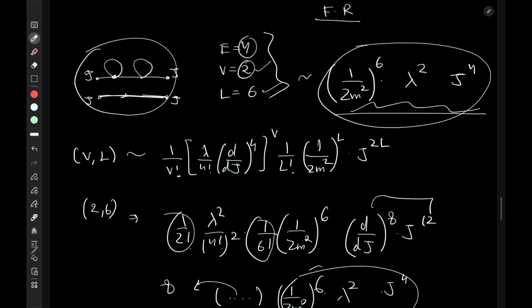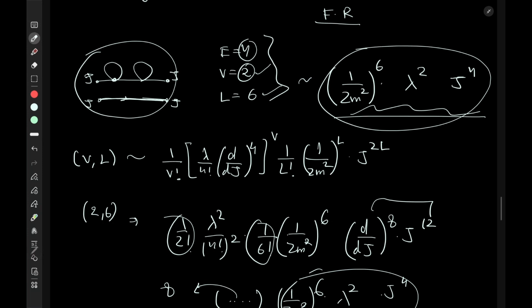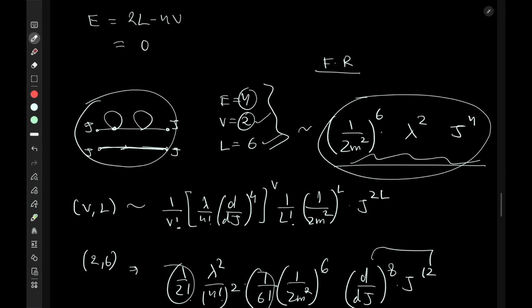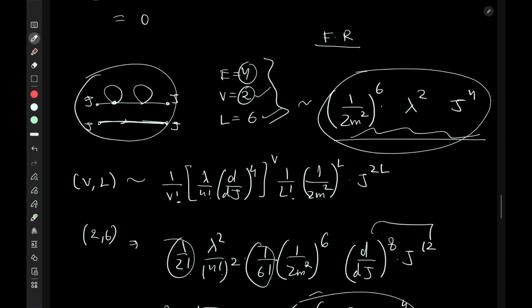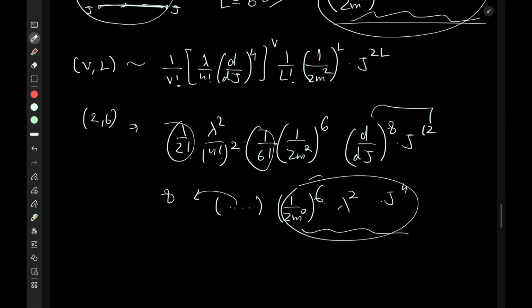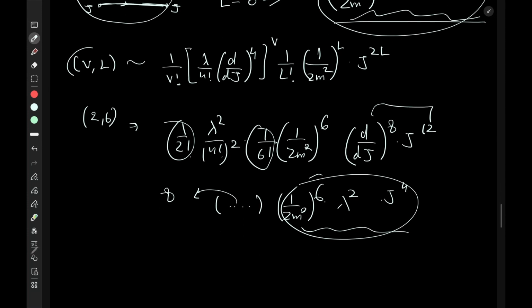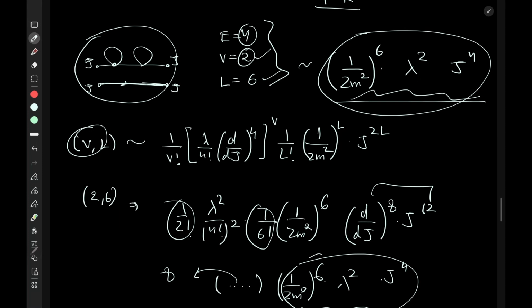So this is because first we are not considering the symmetry factors that I mentioned above properly, and second is that we are summing over all the diagrams of this form which correspond to V being 2 and L being 6.